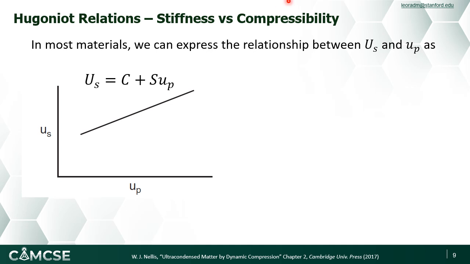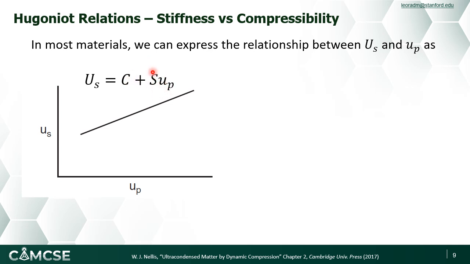So from this point, we can now ask ourselves, well, what exactly is the information that we can use to relate the shock and particle velocities? So in most materials, this takes a linear relationship that we can describe using this relatively simple formula, that the shock velocity is equal to C plus S UP.